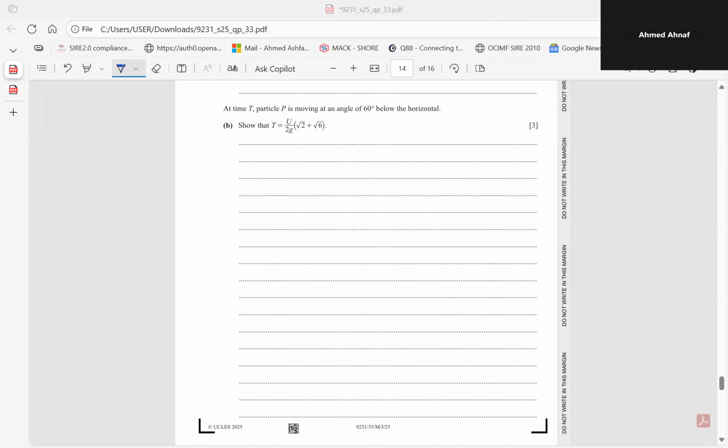Okay, so for this part, we're told that at time big T, particle P is moving at an angle of 60 degrees below the horizontal. So for this part, we have to show that big T is this expression. First of all, let's sketch our projectile out.